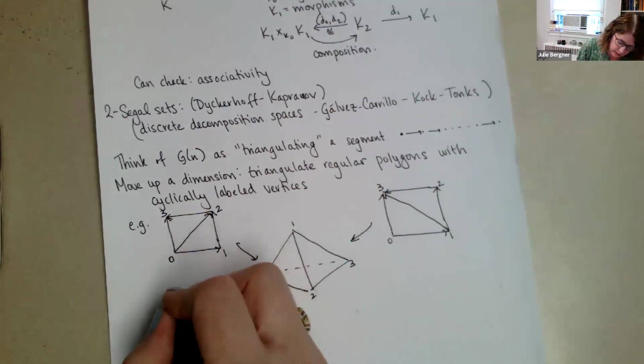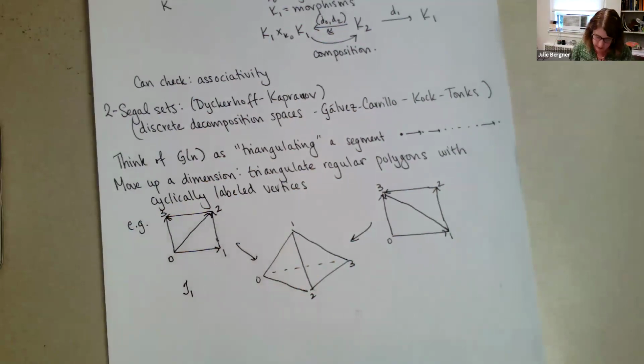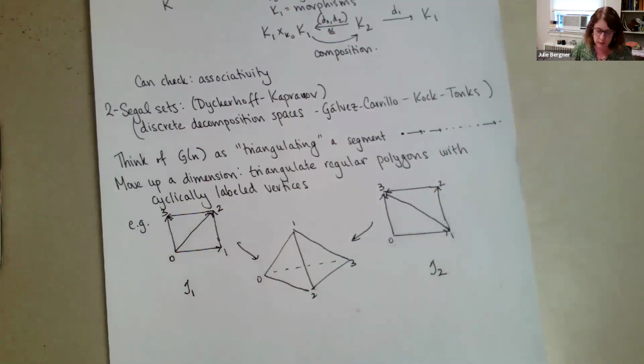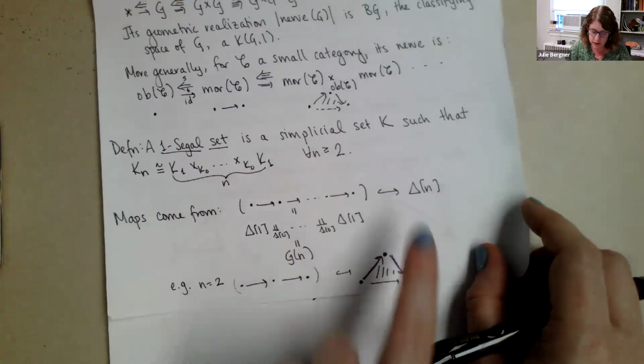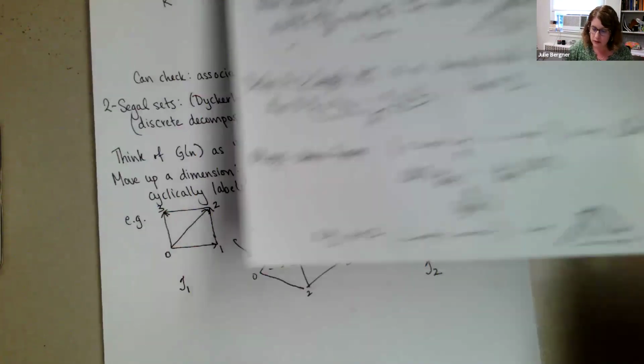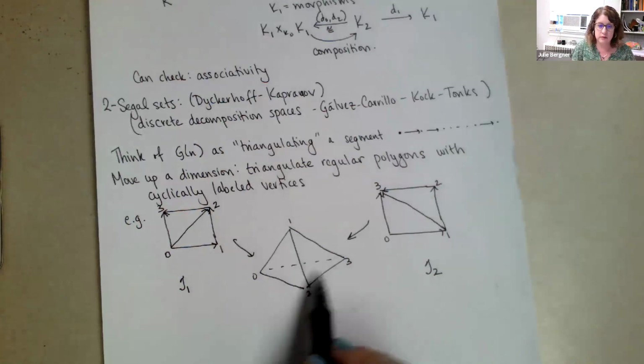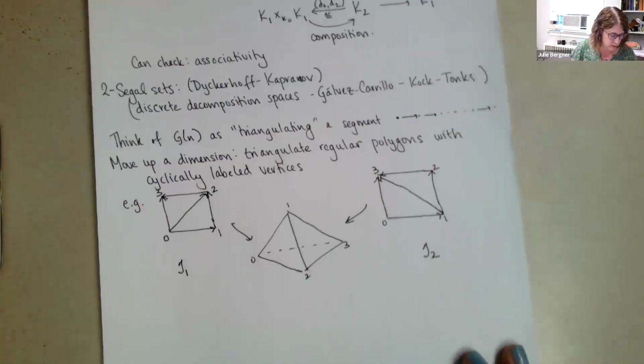Let me call this T1 for the first triangulation, and this T2 for the second triangulation. And now we can do the same thing that we did with our map from Gn to delta n. We can just map each of these into a fixed simplicial set K.